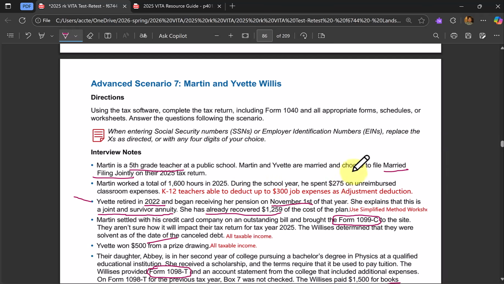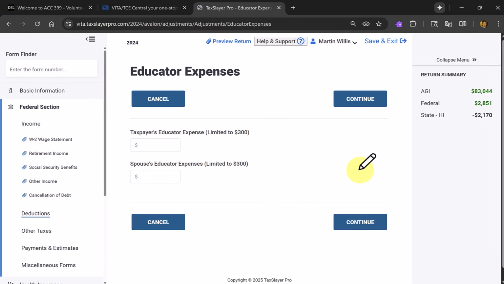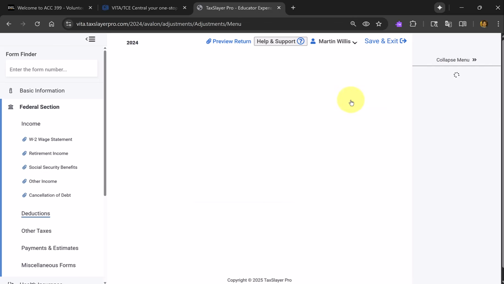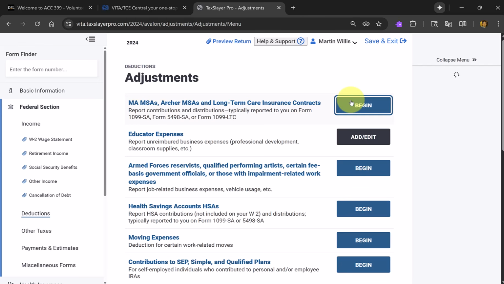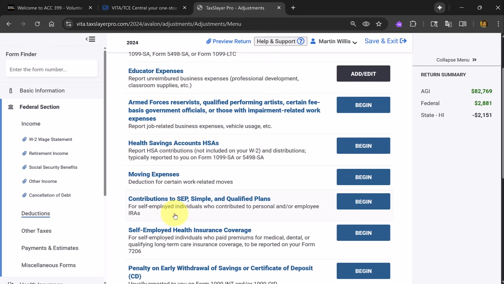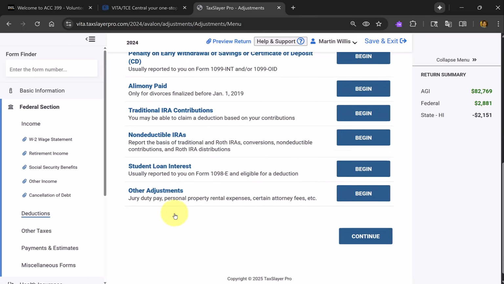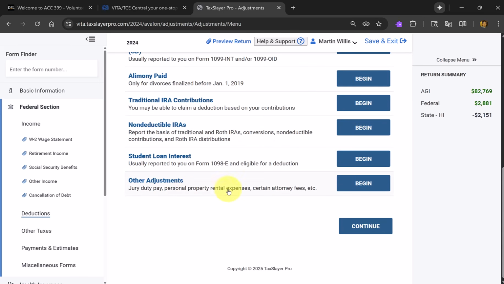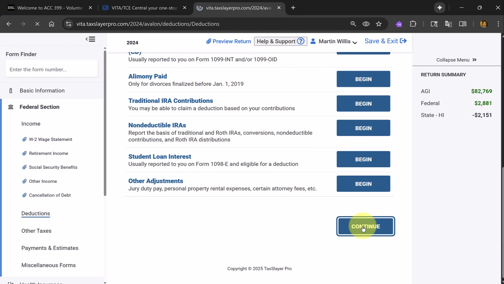Right here, 275. 275 for Martin. Continue. I don't have any other adjustment deductions here. Let's continue. Take a step back.